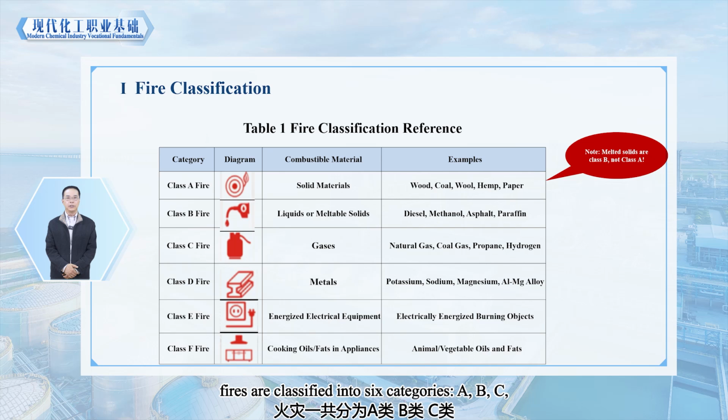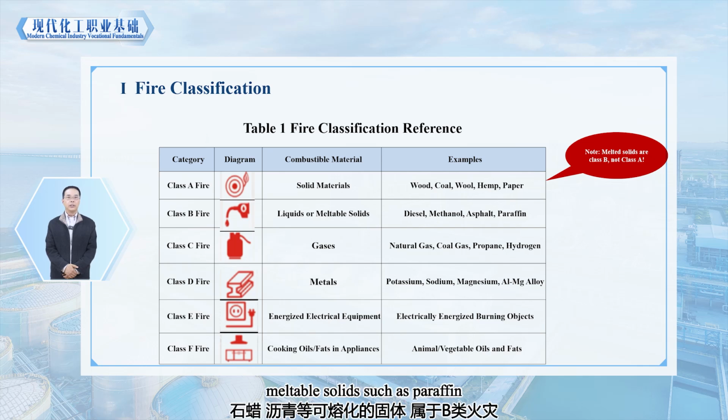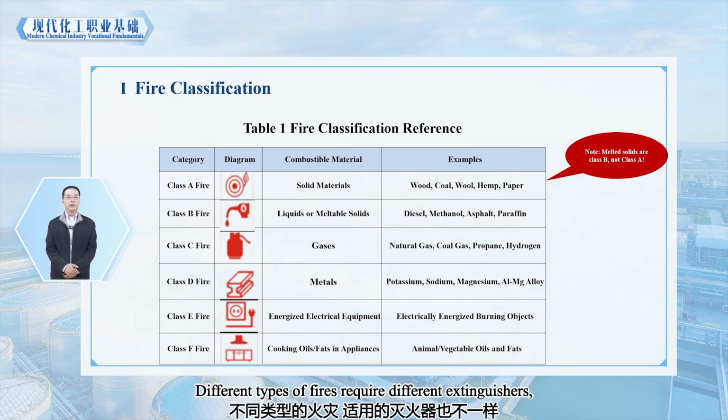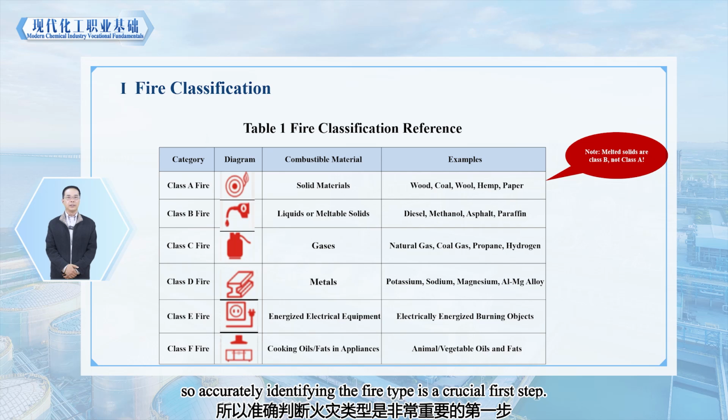Fires are classified into 6 categories: A, B, C, D, E, and F. Please note that meltable solids such as paraffin and asphalt are classified as Class B fires, not Class A. Different types of fires require different extinguishers. So accurately identifying the fire type is a crucial first step.